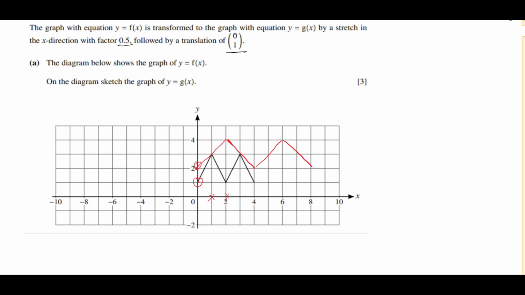See, your function, your g(x) function, your y equals f(x) is given. So what is your g(x)? Your g(x) is something like this. It is f of, now your x is replaced by 2x, and then plus 1.